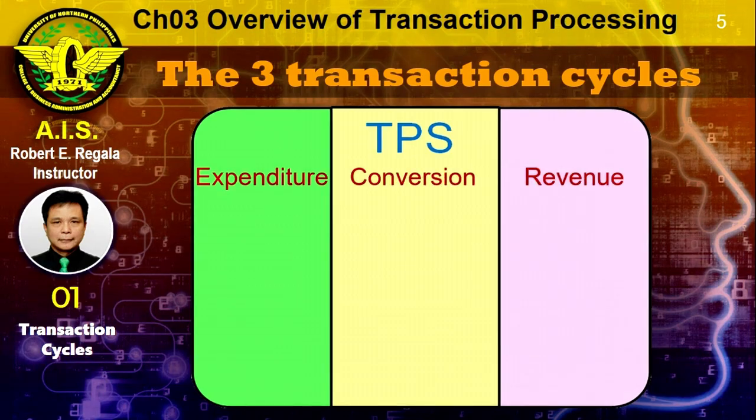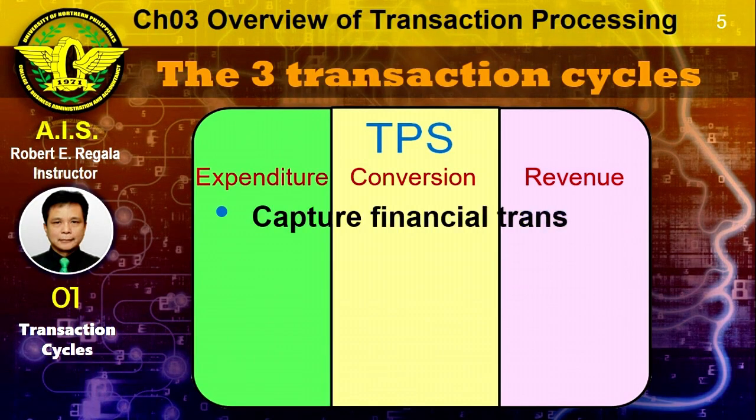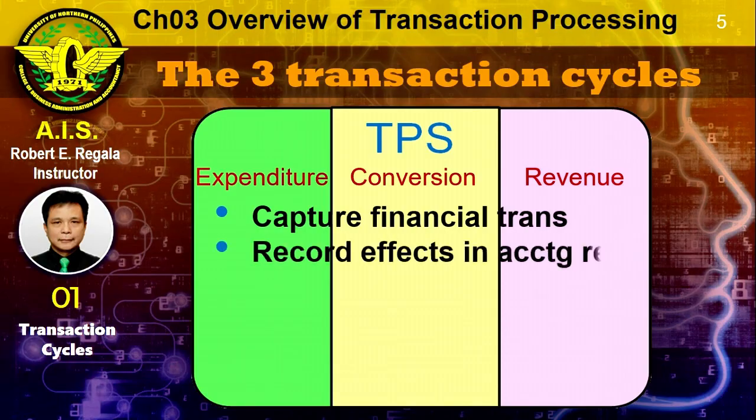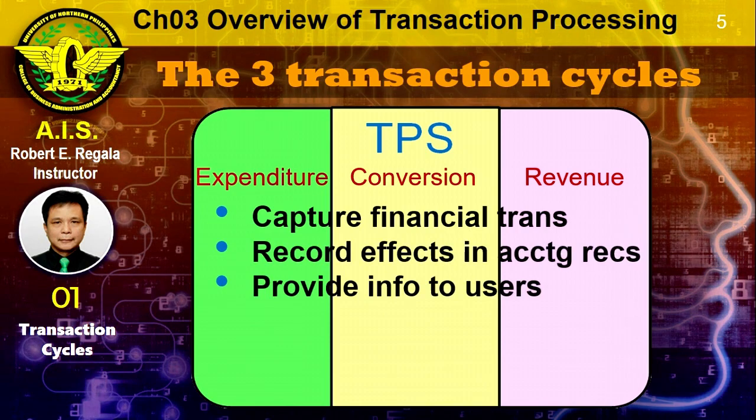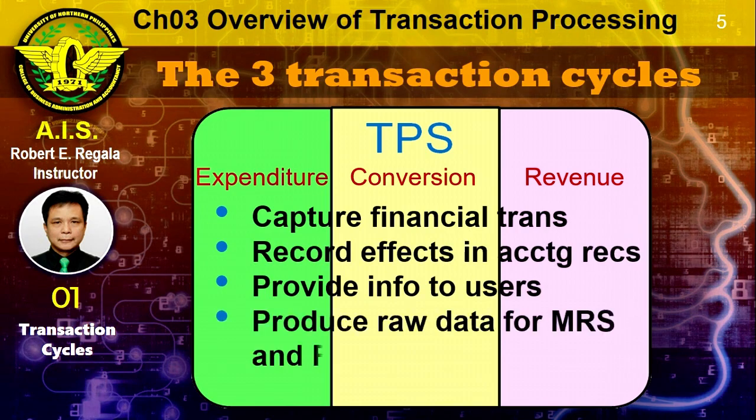Even though each cycle performs different specific tasks and supports different objectives, they share common characteristics. For example, 1. All three cycles capture financial transactions, as already mentioned. 2. Record the effects of transactions in accounting records. And 3. They provide information about transactions to users in support of their day-to-day activities.